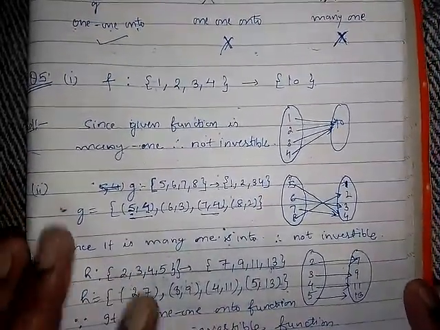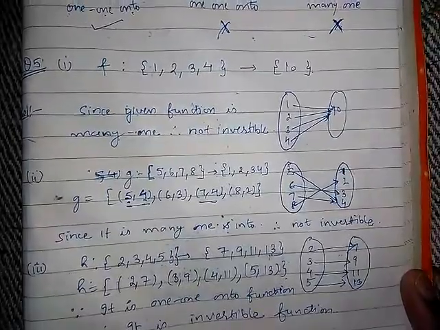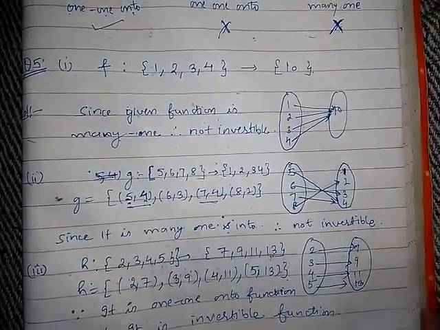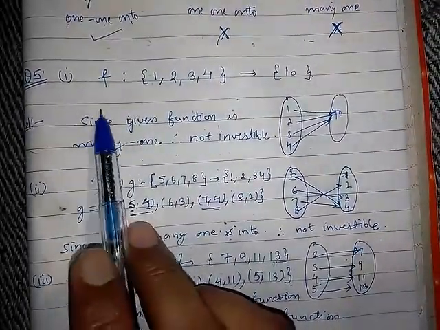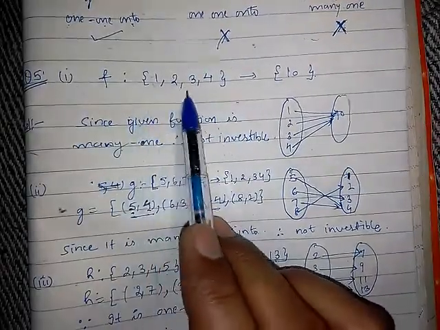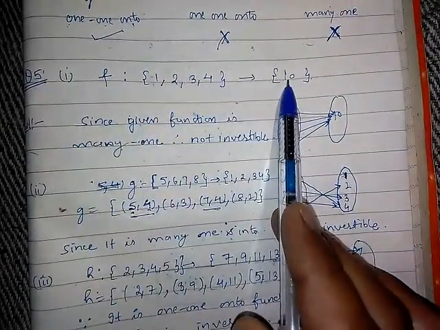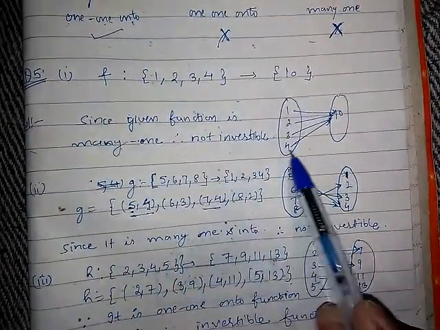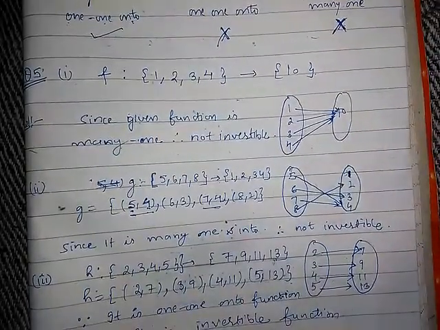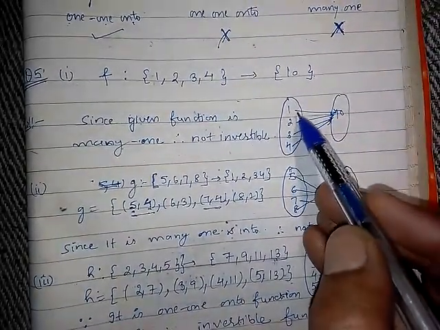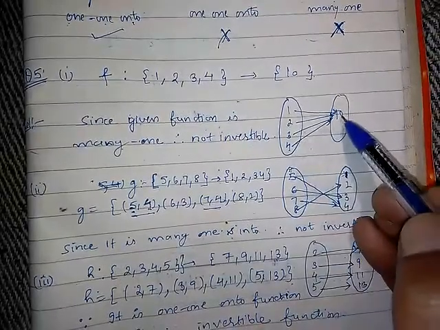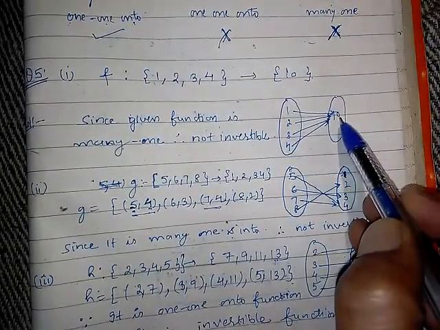You need to check only whether the functions are invertible or not. So here in the first part, function f is defined from {1, 2, 3, 4} to {10}. You can easily say, draw the figure also. It will be more clear to you that the images of 1, 2, 3, 4 are only 10, a single image.